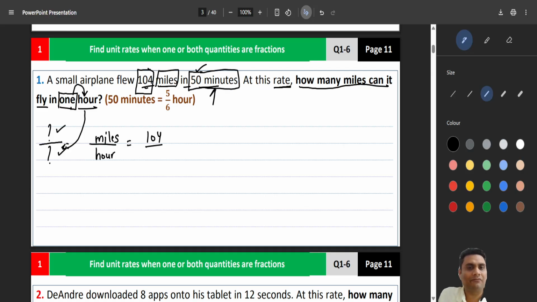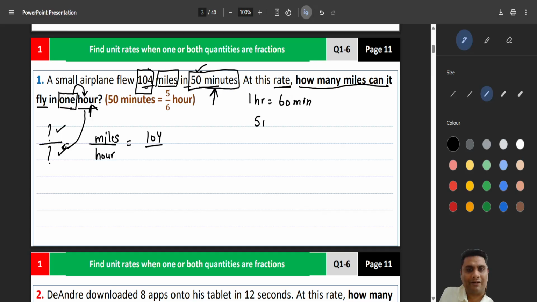Please read the question carefully. He has given us 50 minutes. But what do I need? I need hours. So understand this thing. 1 hour is equal to 60 minutes, right? Now, whenever you want to change minutes into hours, you divide the minutes by 60.